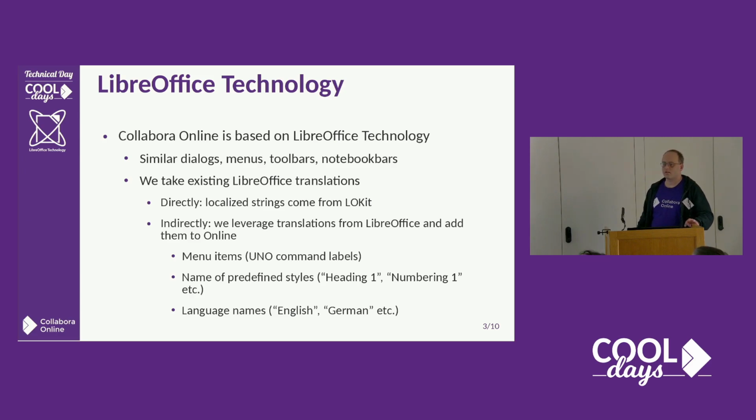These were collected and are used in the online user interface. And also we have the menu items or notebookbar button labels. These are actually UNO command names, and we have the translations in the core, so we just extract them from the core and use them from the JavaScript.